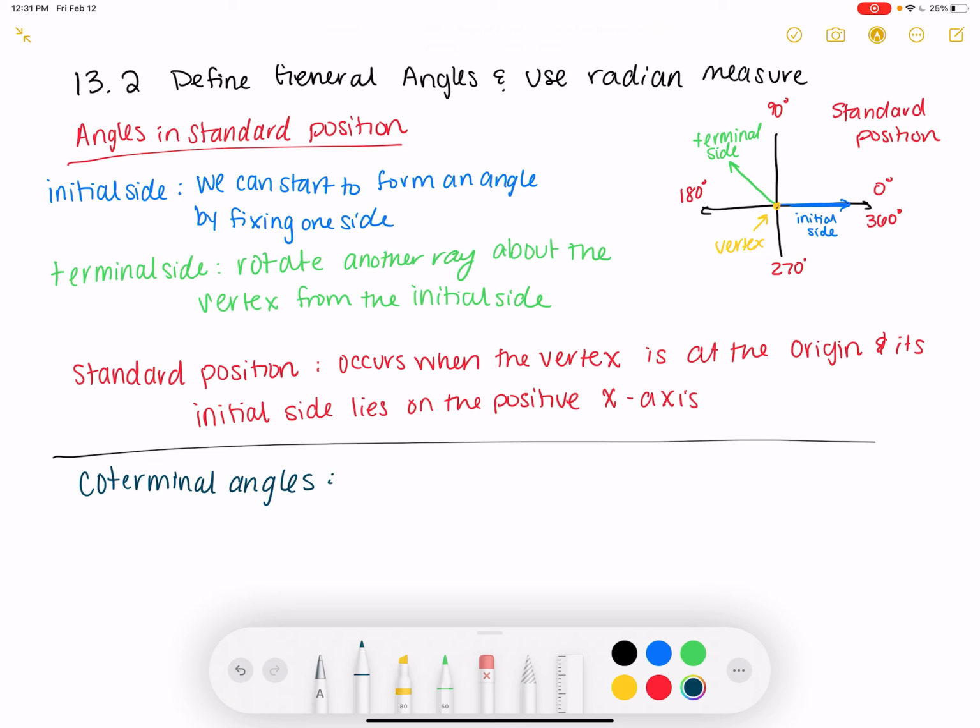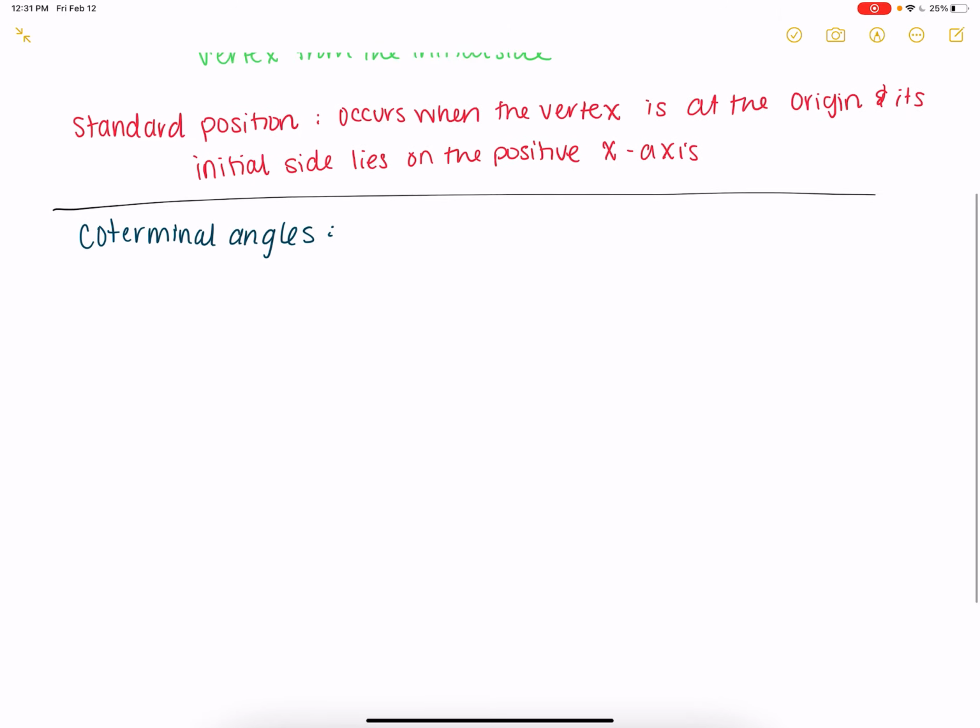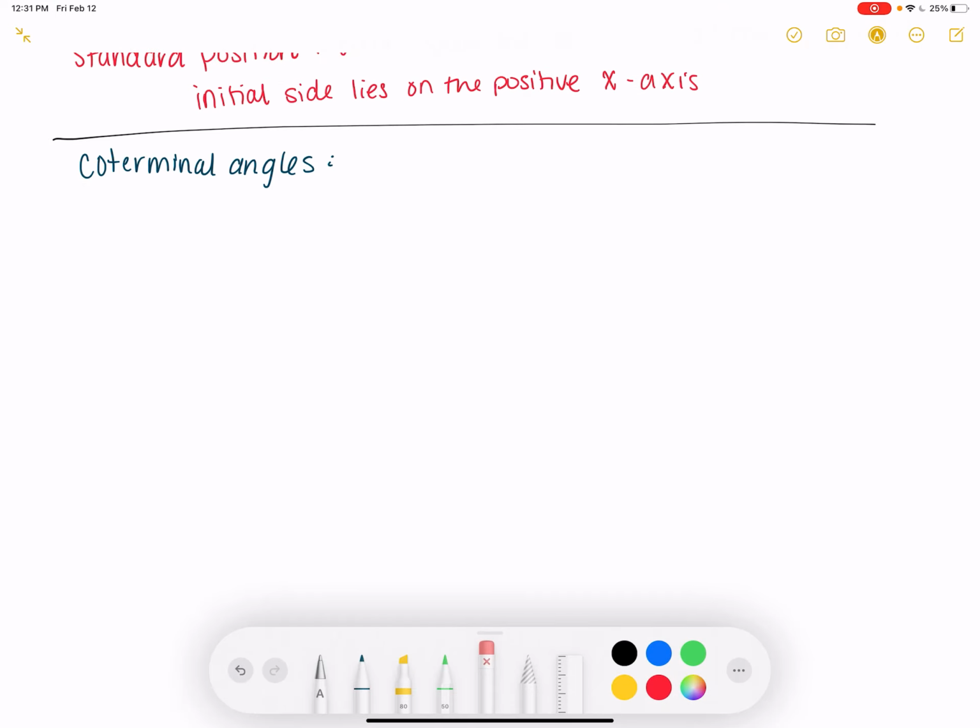I'm just trying to move the thing, but I guess it's not going to let me move it, so let's do it this way. Coterminal angles, their terminal sides coincide, okay, meaning they're the same, or they overlap at the same place.